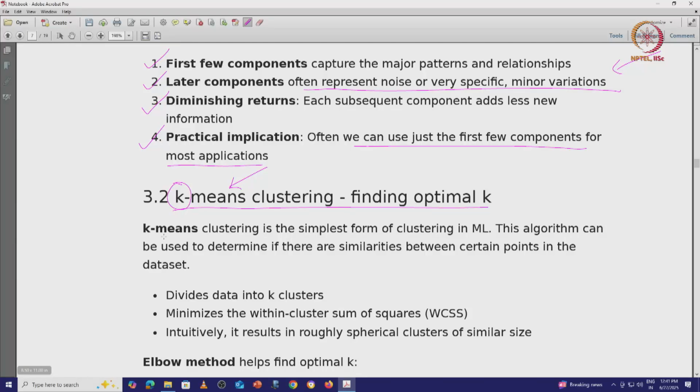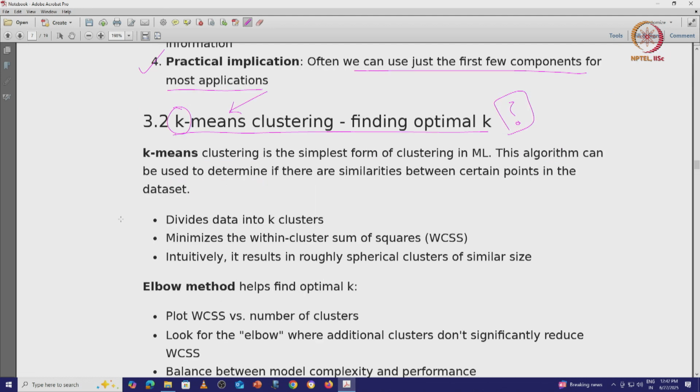So like I said, here we are splitting the data into k clusters, but what value of k should we use? That's an important question that needs to be answered. K-means clustering is the simplest form of clustering in machine learning, and the algorithm can be used to determine if there are similarities between certain points in the data set. It divides data into k clusters and minimizes what we had studied in class, which is called the within cluster sum of squares.